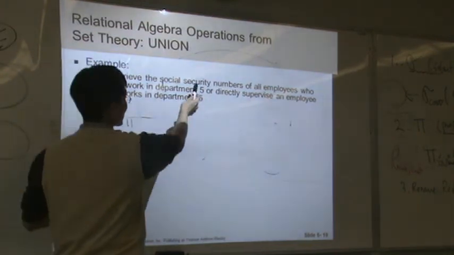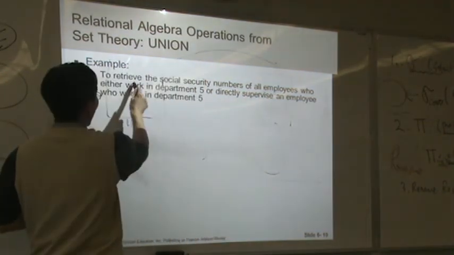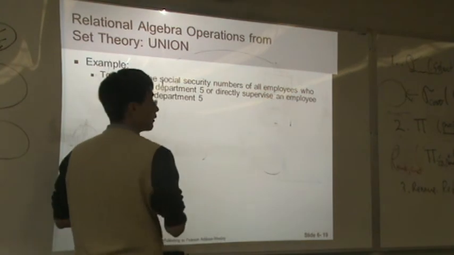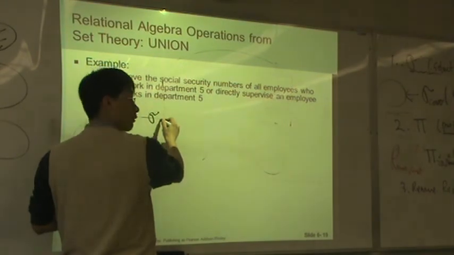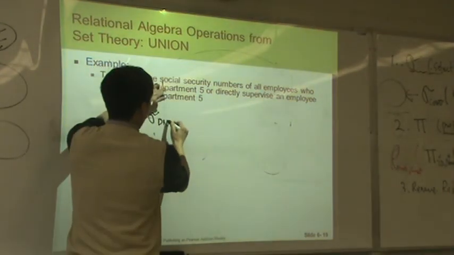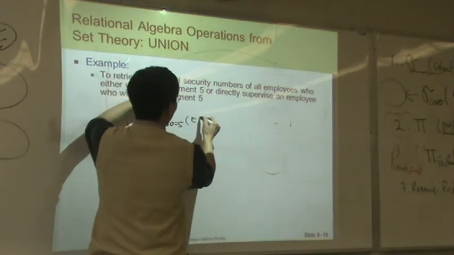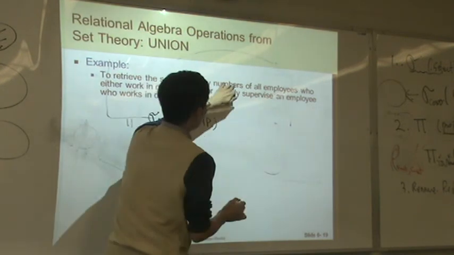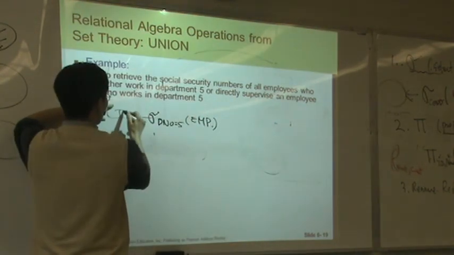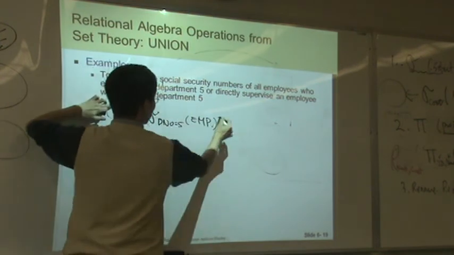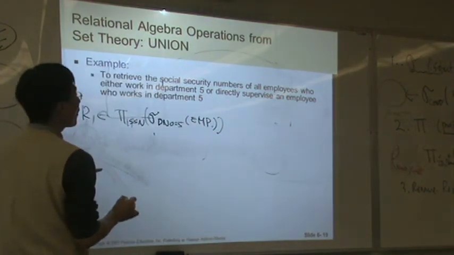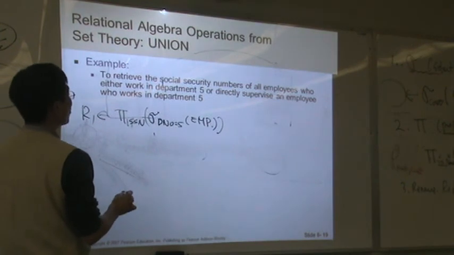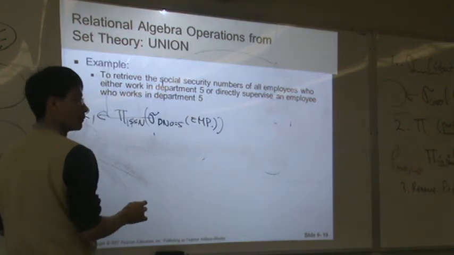One is the SSN of those who work in department 5. We can make that easily. The condition is DNO equal to 5 on employee, and we need the social security number, right? This is R1.